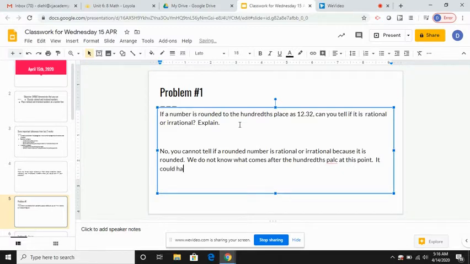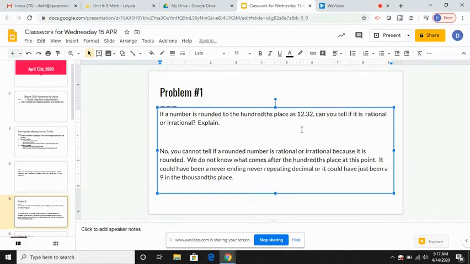It could have been a never ending, never repeating decimal, or it could have just been a 9 in the thousandths place.